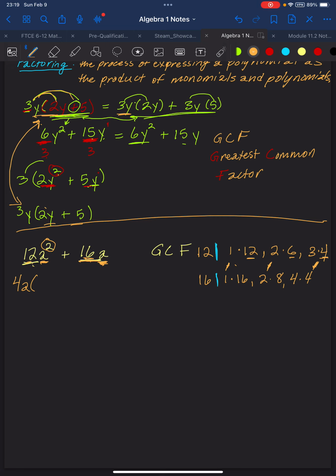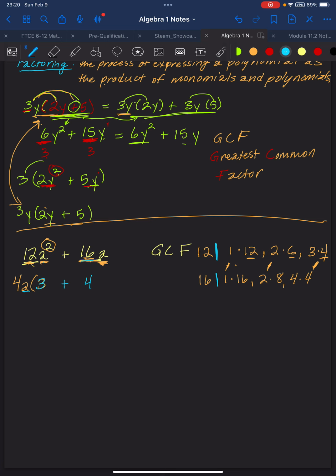All right, so after we've divided our numbers, we'll get to the a. 12 divided by 4 is going to give me 3, so I have that left over. 16 divided by 4 gives me 4. Now remember, we also factor out an a.